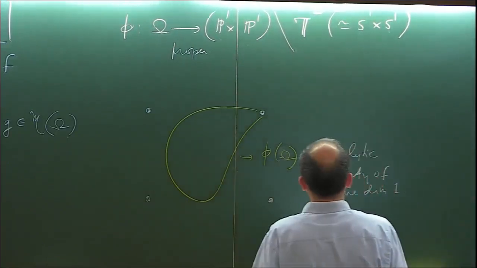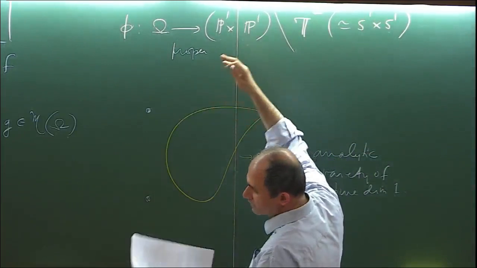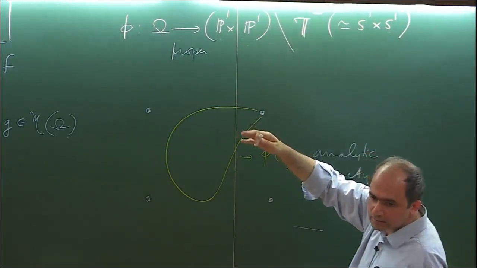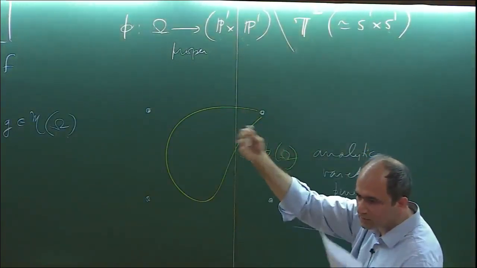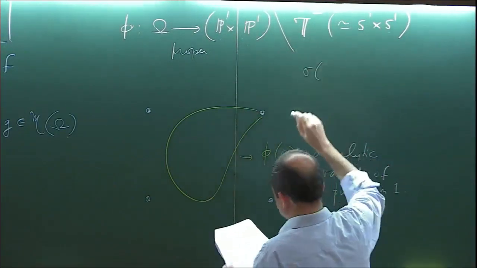On P1 cross P1, we have the notion of a reflection in the torus T2, component-wise: z1 goes to 1 over z1 bar, z2 goes to 1 over z2 bar. Look at sigma.